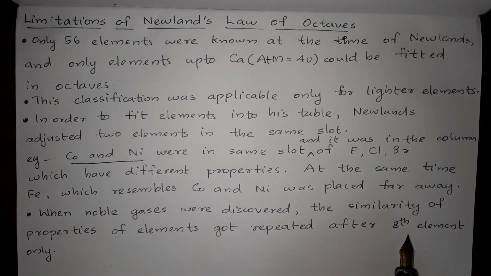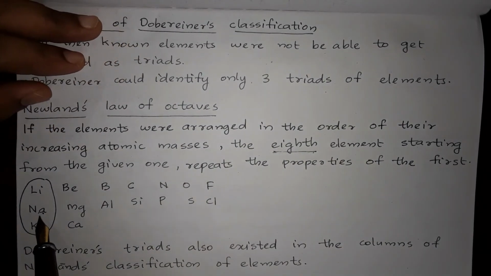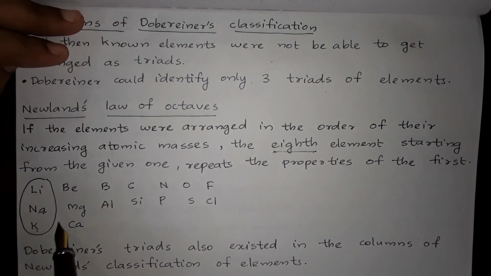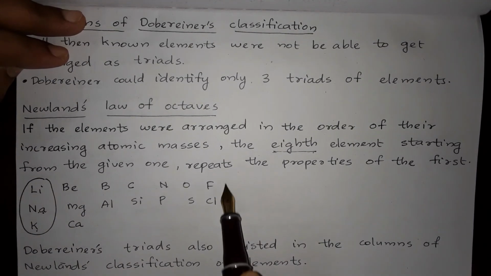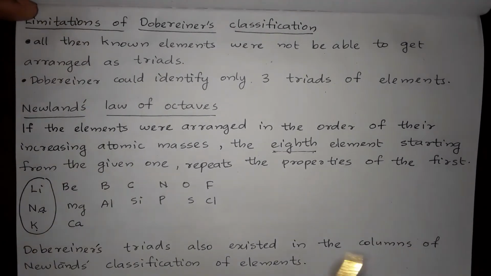See, actually in octaves, after each 7th element the similarity repeats. But here, there are no noble gases. When noble gases came, the repetition of similarity occurs after the 8th element only. These are the limitations of Newlands' octaves method.